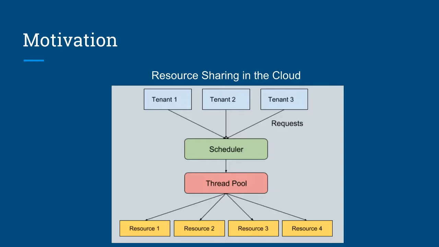The real thing that makes it difficult is the fact that you're typically functioning within the same process. These tenants may all be in the same process, competing to get access to these resources. And the thing they get access through is the scheduler. They submit requests to the scheduler, and then the scheduler utilizes its worker threads on the thread pool to make sure those resources get to the people who need them fairly.